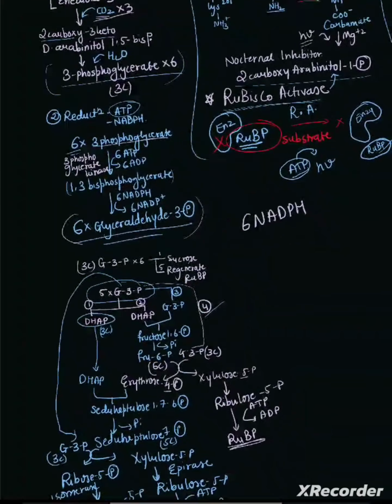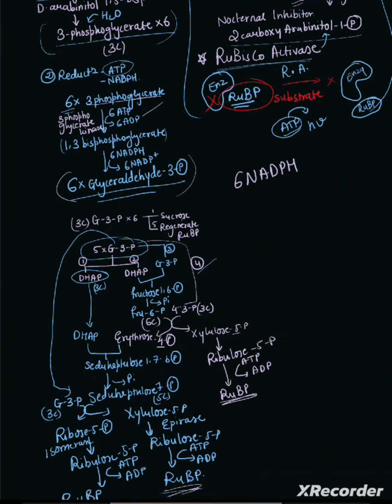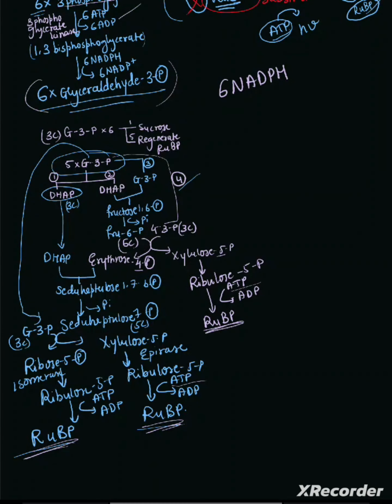Then how many ATPs? 6 ATPs here, plus these 3 ATPs used to regenerate, so a total of 9 ATPs were used. 3 carbon dioxide molecules were used, and we regenerated all 3 RuBPs. And net we got just 1 glyceraldehyde 3-phosphate that was later used for sugar formation or starch formation.